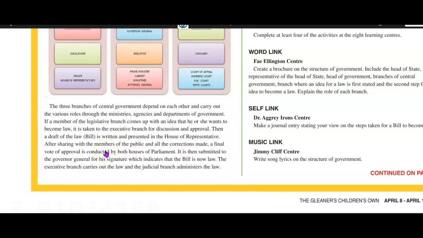After sharing with the members of the public and all the corrections made, a final vote is conducted by both houses of Parliament. It is then submitted to the Governor General for his signature, which indicates that the bill is now law. The executive branch carries out the law, and the judicial branch administers the law.